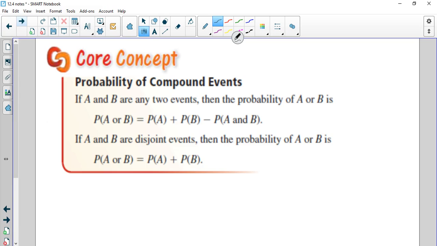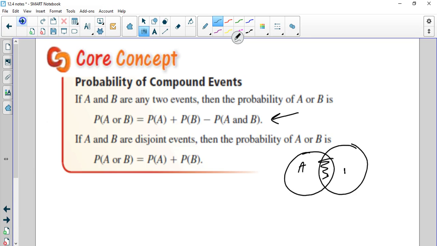So the difference is you have to take out the intersection, otherwise the intersection is counted twice. Because if I count A, and I count B, well, I counted this section twice. That's why we do A and B and have to subtract out the intersection.